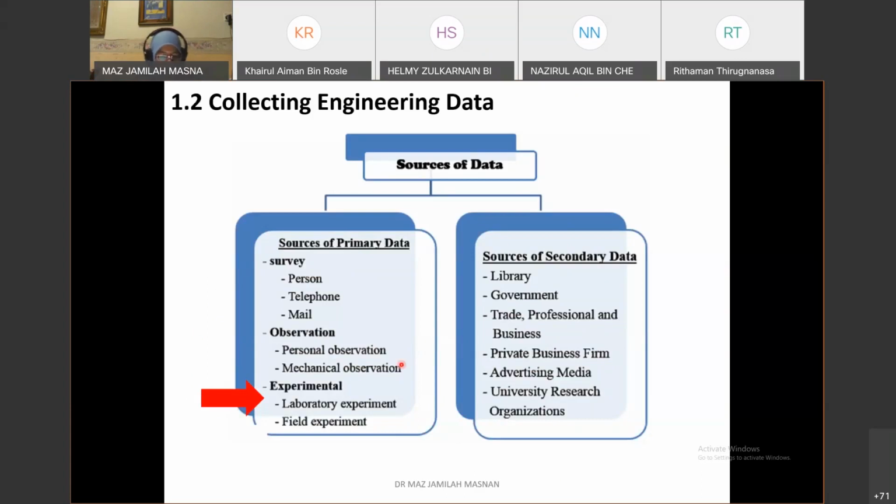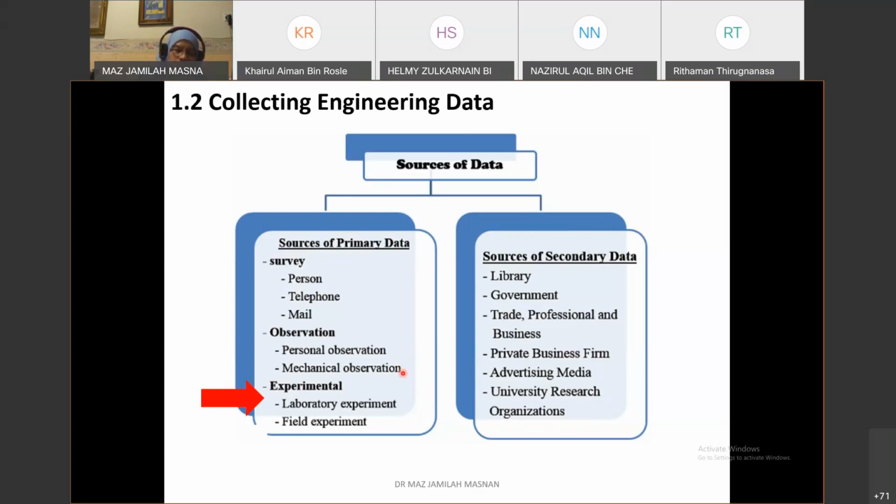Now, assuming that you are the engineer, and you have to collect your data. It turns out from your study that you will have to come up with your own experiment, and select or collect your own first-hand data that you yourself collect.